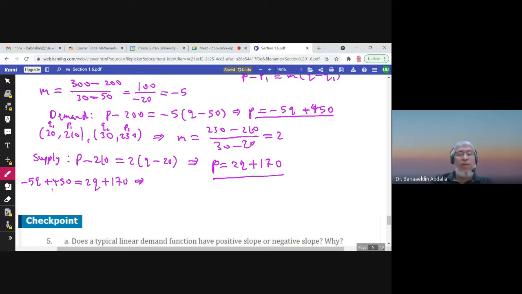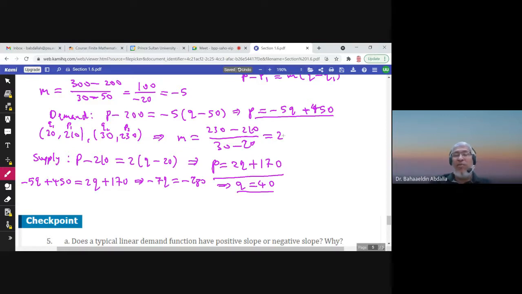If I take 2Q to the other side, I will have negative 5 minus 2, which is negative 7Q. 170 minus 450 is negative 280. So Q is negative 280 over negative 7, and that's 40. So this is the equilibrium quantity.